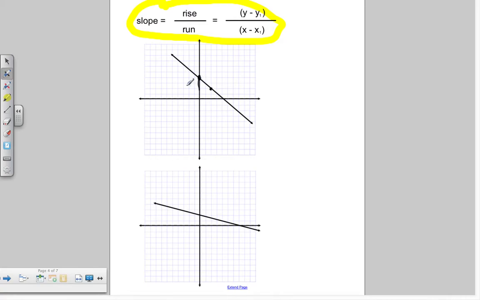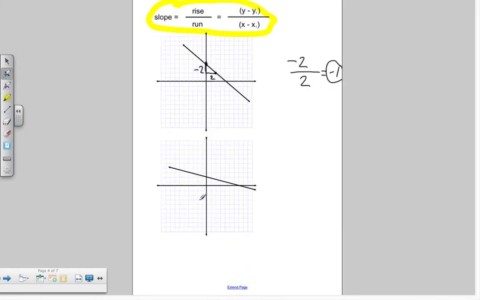So I'm not rising, I'm dropping, so that would imply a -2 change. Running to the right implies a positive change, so my positive run is 2. So my rise is -2, my run is 2, so my slope is -2 over 2. Not an acceptable answer because I need to reduce it, so the change is -1. My slope is -1. Notice how it's going in a downward fashion if I read it left to right. This one also is going in a downward fashion if I read it left to right.